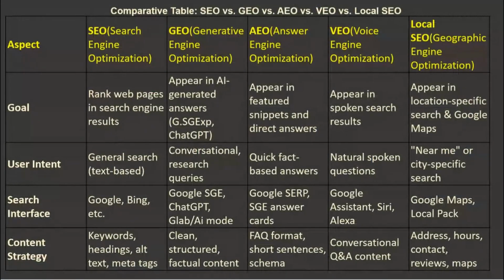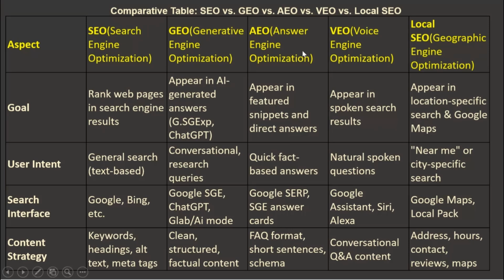Before we go for keyword search, we have to understand what is search engine optimization, what is generative engine optimization, what is answer engine optimization, what is voice engine optimization, what is local engine optimization.